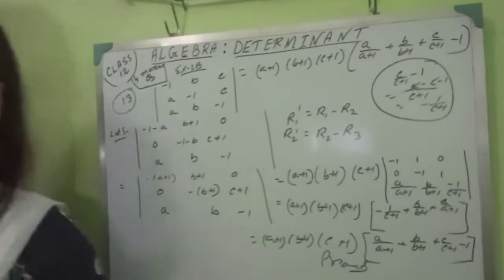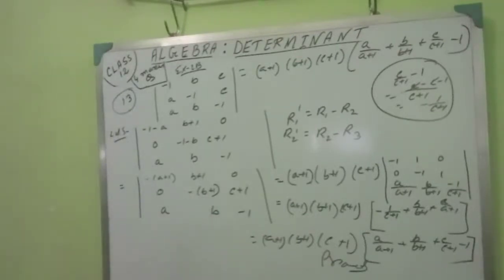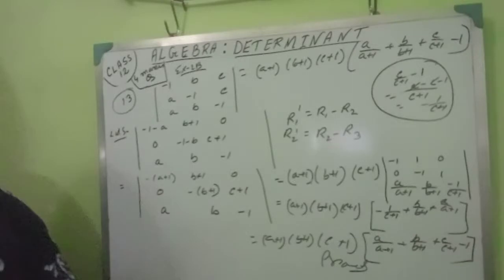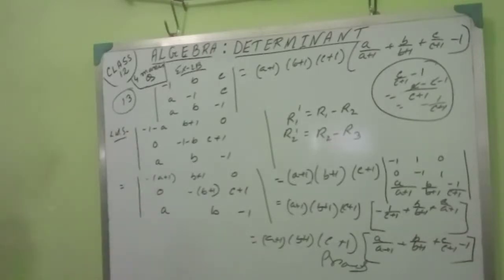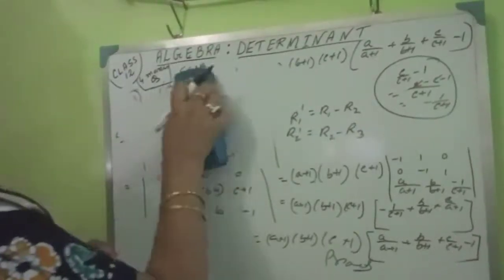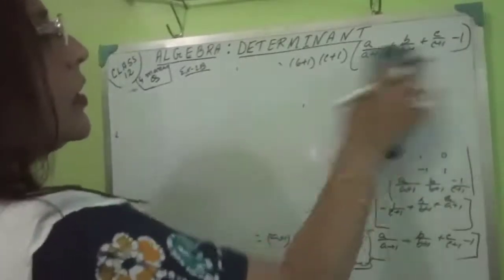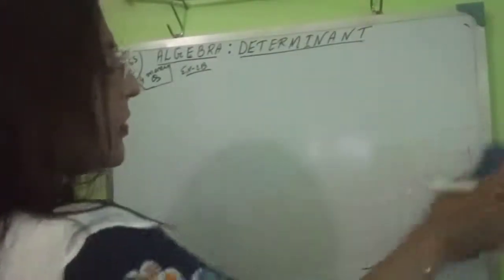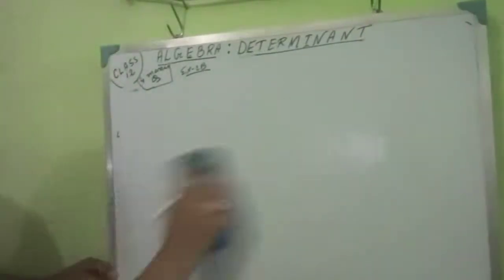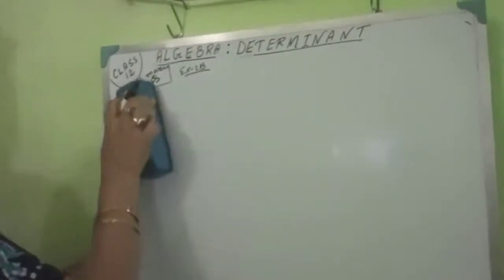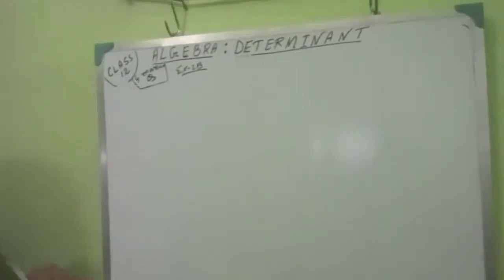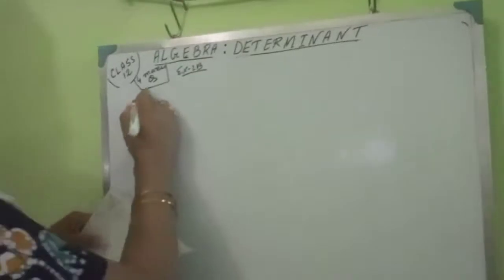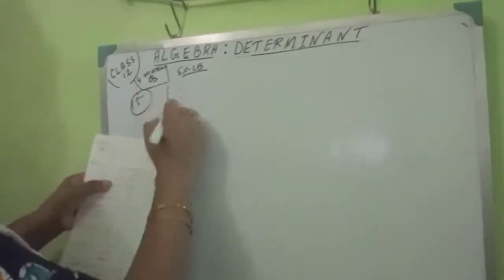Next sum, number 15. Sum number 15. What's the question?